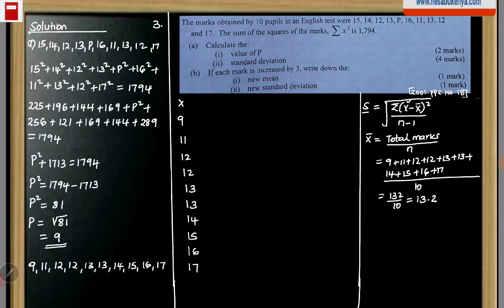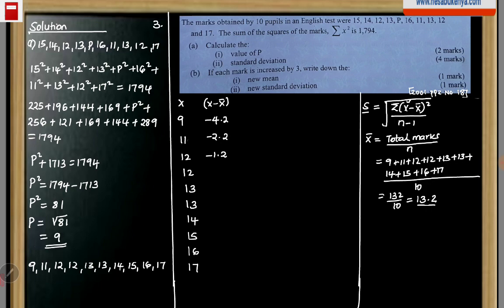Then we need a column of x minus the mean, and in this case, our mean is 13.2. So we take our x, which is 9, minus the mean, 13.2. That gives us negative 4.2. Then 11 minus 13.2 is negative 2.2. Then 12 minus 13.2 is negative 1.2.